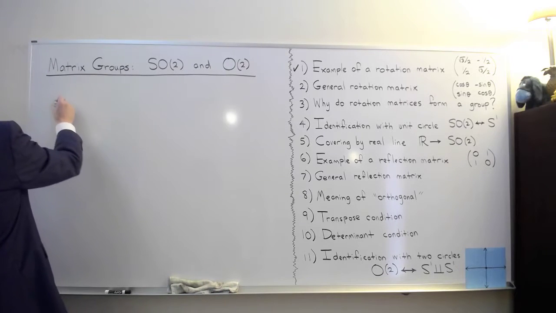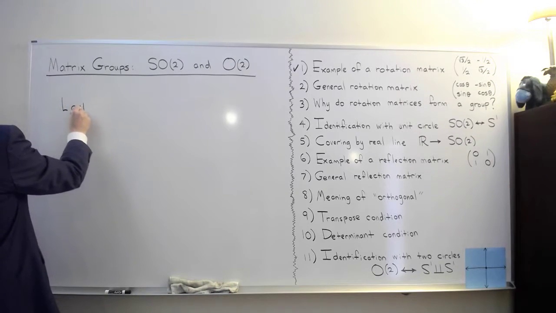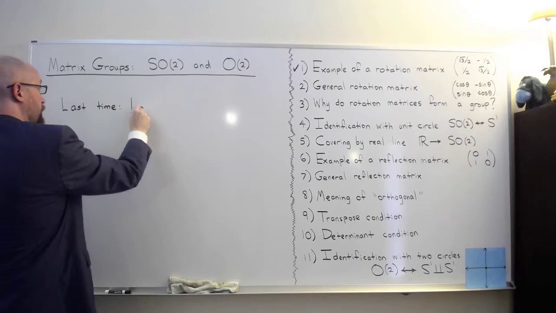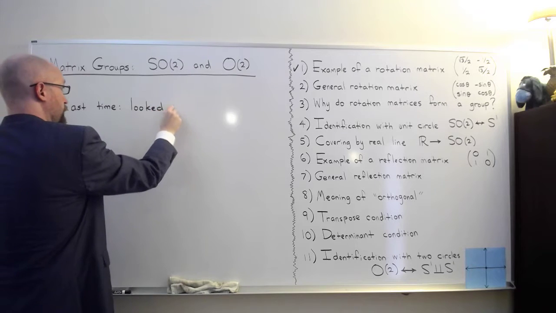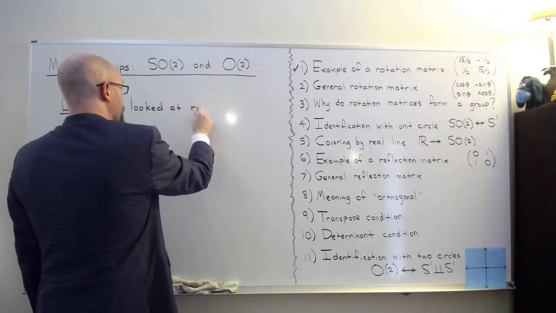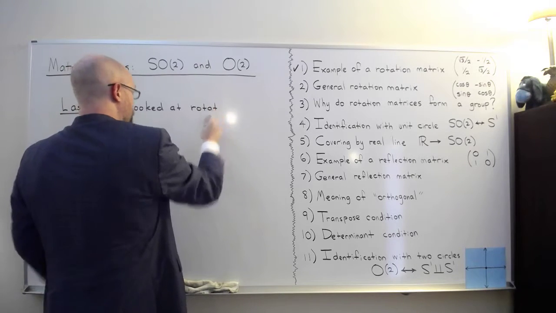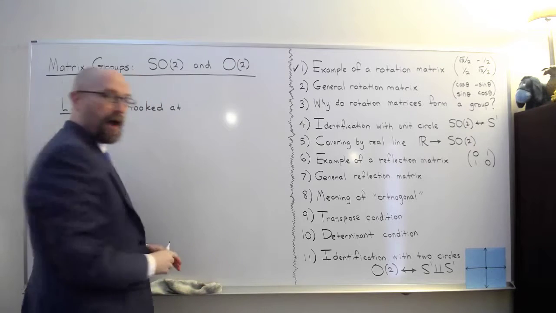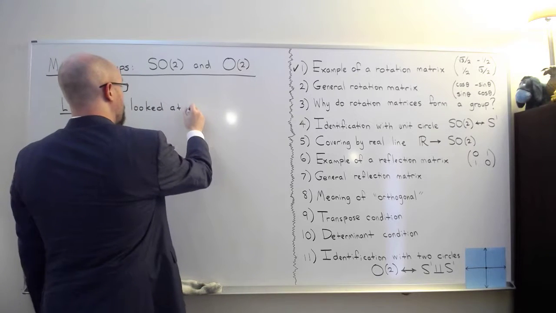So last time, I just want to recall this explicitly. Last time we looked at the matrix. I'm not going to write rotation, I'm just going to write matrix because I'm about to write what it does.